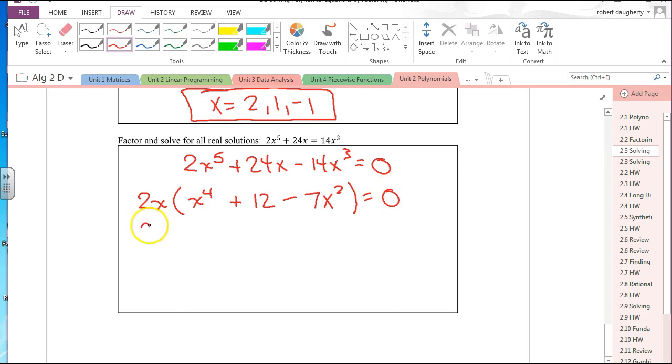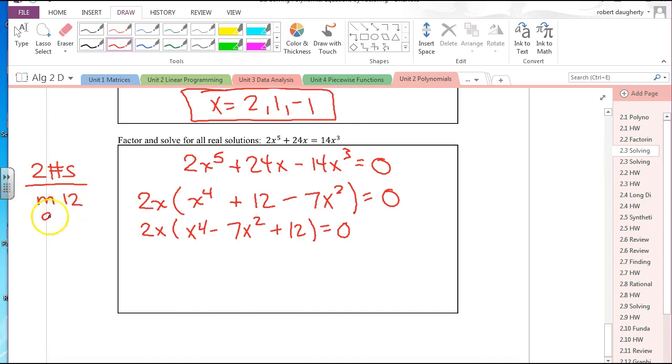If I rewrite this, 2x times x to the 4th minus 7x squared plus 12 equals 0. What I see in parentheses is not a quadratic, but it is in quadratic form. So it factors just like a quadratic if I can find two numbers that multiply to 12 and add to -7.